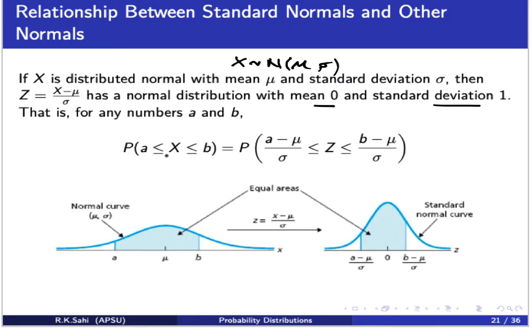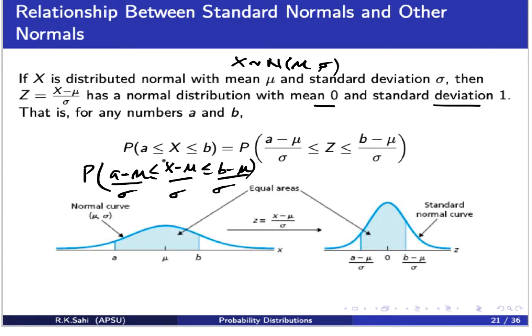So basically what it says here is, if I subtract mu from here, X minus mu, that means you're going to do it through the whole inequality, A minus mu less than or equal to X minus mu less than or equal to B minus mu, and then you divide by sigma. So you divide by sigma throughout. And outside is the probability.